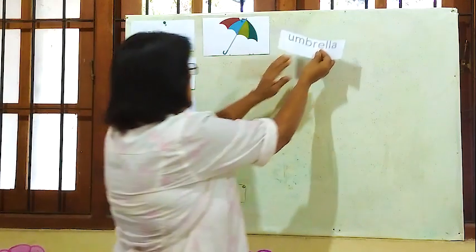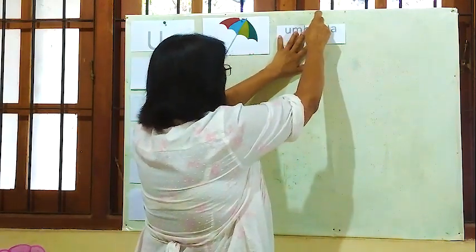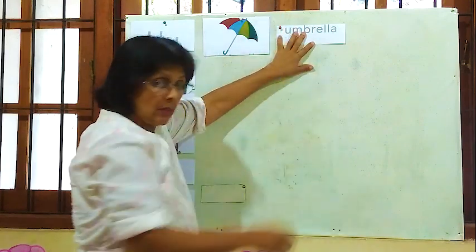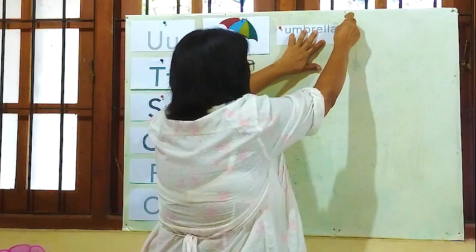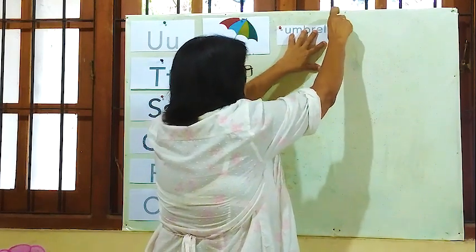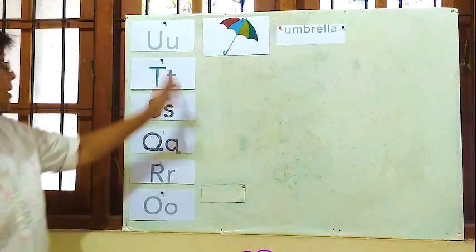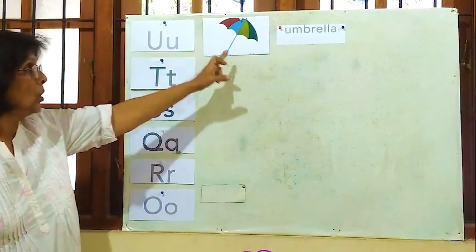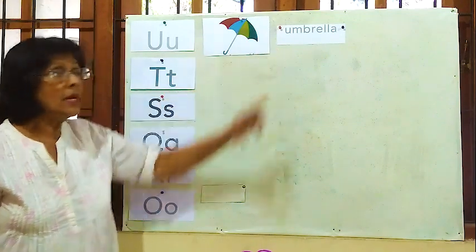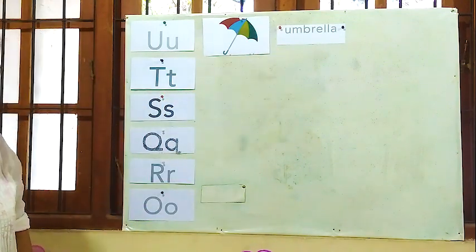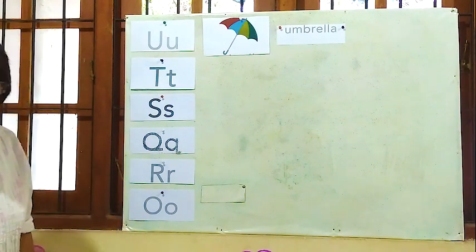Here look. Now here the word umbrella. Right? U for umbrella and here the word umbrella. Letter U. Here the picture umbrella and the word umbrella. Right?